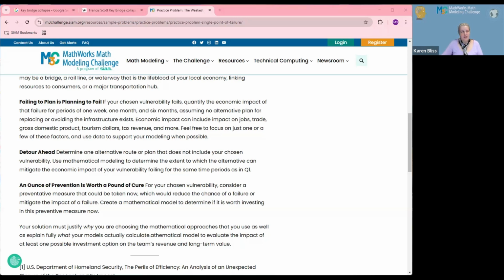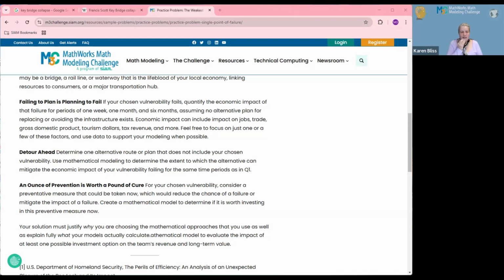Maybe before we even start thinking about this, or maybe before I ask Neil to weigh in on this, we could ask everybody if they would in the chat think about, you don't have to think about what your mathematical model is going to be, but what sorts of things would belong in this mathematical model? Does that make sense? What sort of factors would you want to include? What would be important to include?